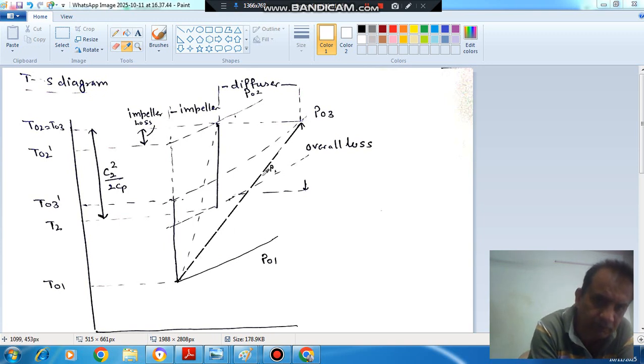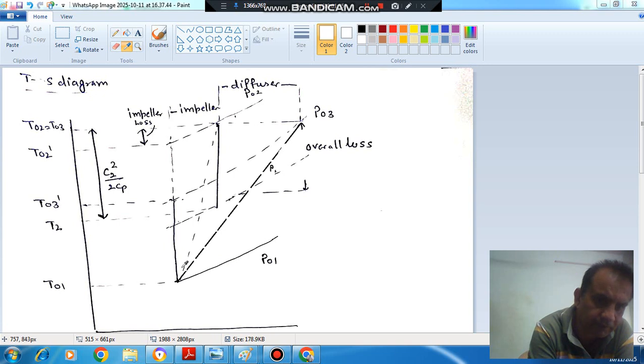And this process represents the actual process happening in the compressor, both in impeller and diffuser. And if we consider only the impeller, then this is the process representing the impeller.